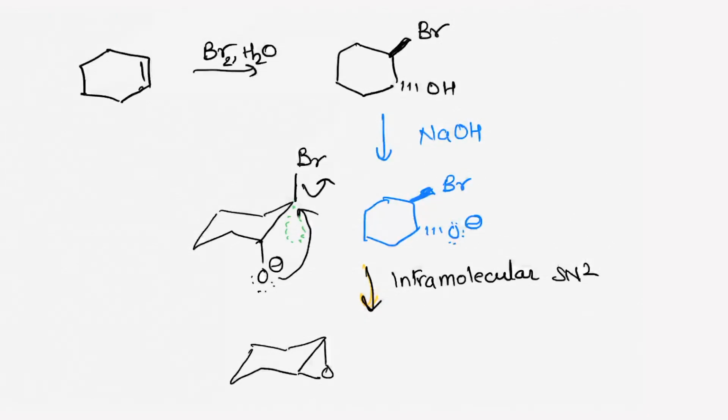So, since the bonding molecular orbital is here going towards the bromine, the antibonding molecular orbital of the carbon bromine bond is actually situated right here, and it is easier for the oxygen to put its electrons into that antibonding molecular orbital, really breaking the bond between carbon and bromine.